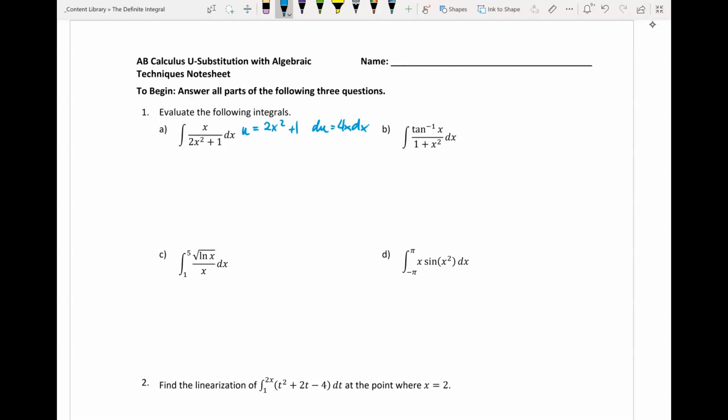Now I'm going to do some replacing. So my denominator is going to turn into u, because that's what I let it be. Then this x dx is going to change to a quarter du. And then I'll move that quarter to the front and change the u into an exponent.